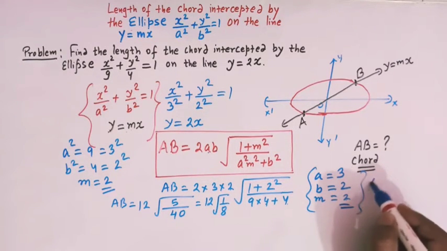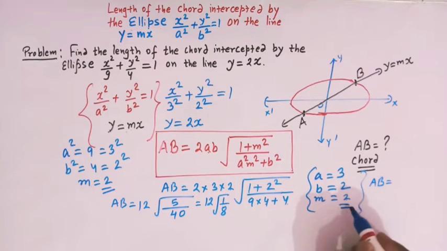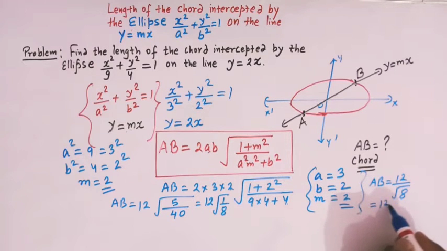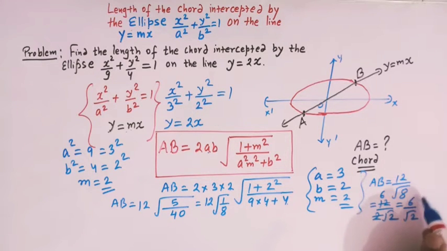So the length of the chord AB is equal to 12 over the square root of 8, which is 12 over 2 root 2, and this is 6 over the square root of 2, right? And we can rationalize the denominator.